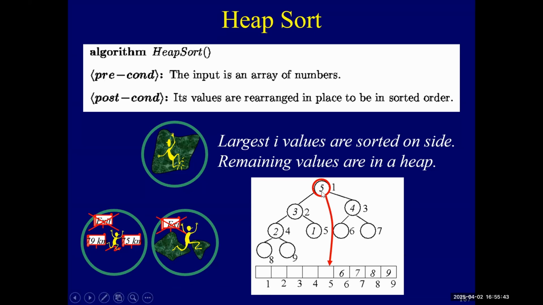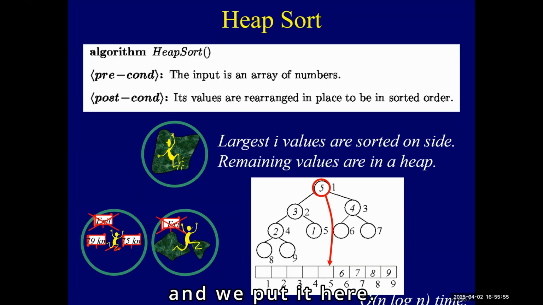It's a 5, right? So where does 5 go? It goes here, right? So we just take the 5 and we put it here, right? And then this conveniently gets one bigger, and our heap gets one smaller, all right? The 5 was here, right?